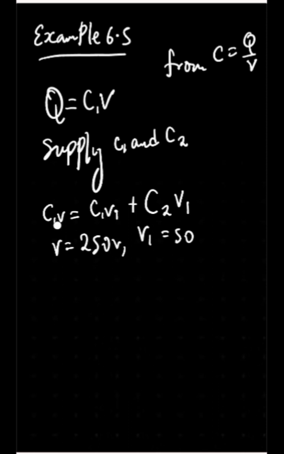So what's C1? The capacitor is not given here, but they told us that the capacitor is A, so we can write it as K epsilon naught area all over D multiplied by V to be equal to K epsilon naught, it will still be the same thing, right?